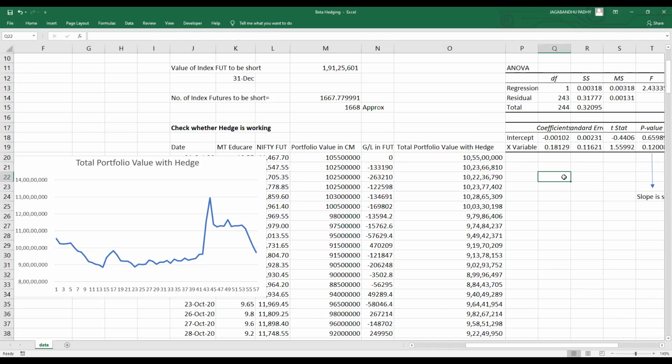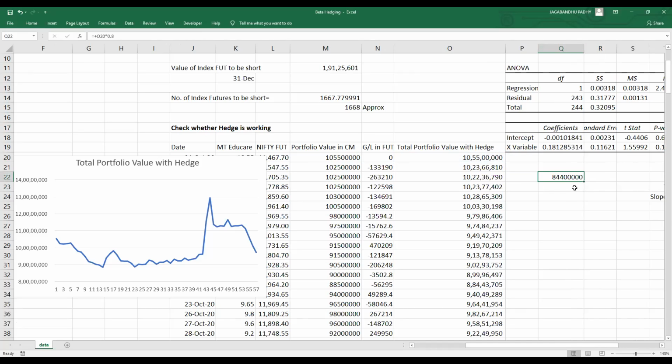What is your hedge objective? If you want to ensure 80%, then multiplying by 0.8 gives the value my portfolio should not fall below, and multiplying by 1.2 gives the value it should not go beyond. If you set an 80% target, these would be the acceptable ranges at any point of time.